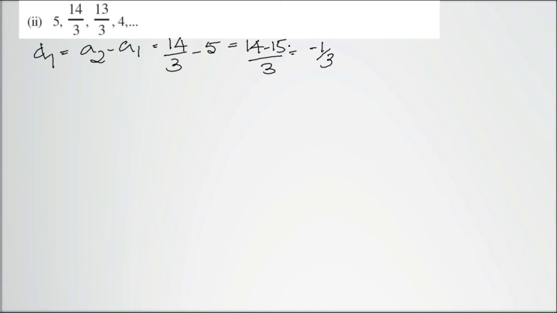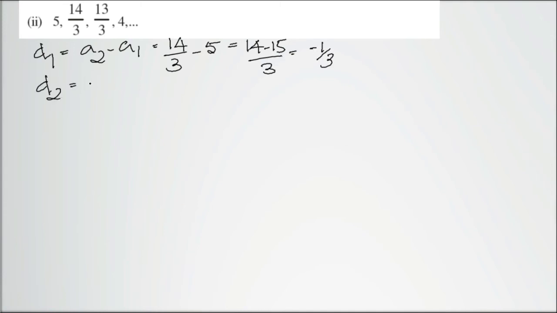Let us take up the second sub question. 5, 14 by 3, 13 by 3, 4 and so on. Again we need to find the differences by taking each consecutive terms of this series. So let me find out the first difference. D1 I'll write, which is a2 minus a1, which is 14 by 3 minus 5. On taking LCM, we get 14 minus 15 by 3, negative 1 by 3.